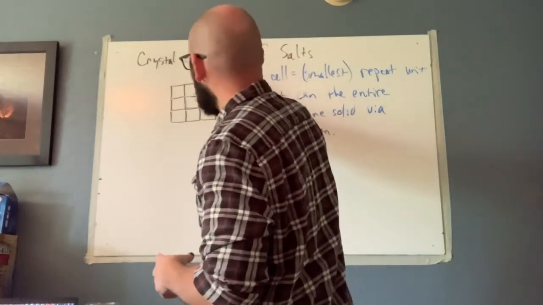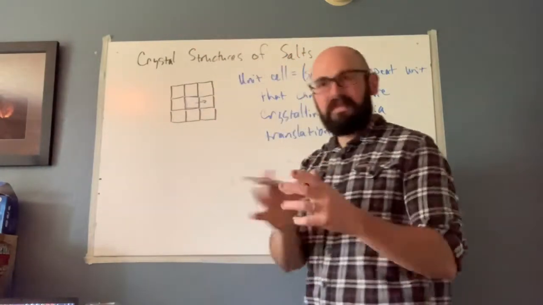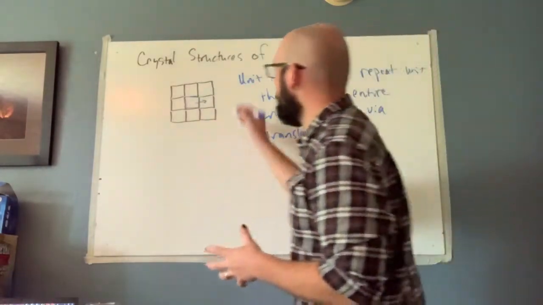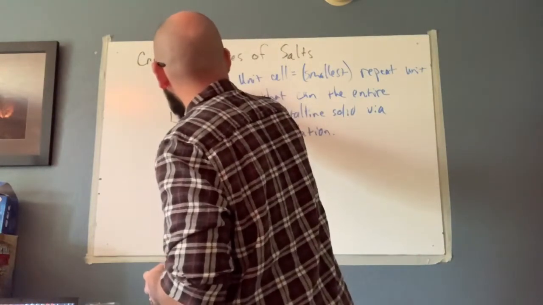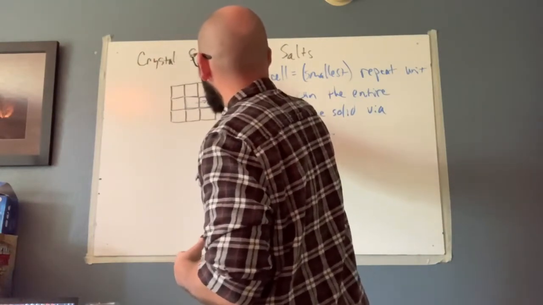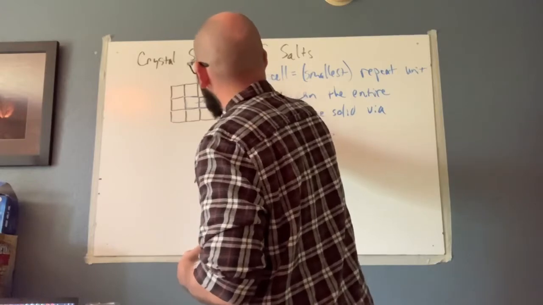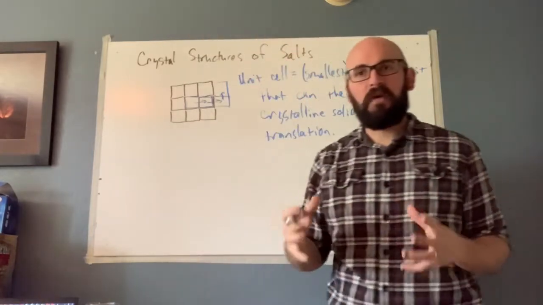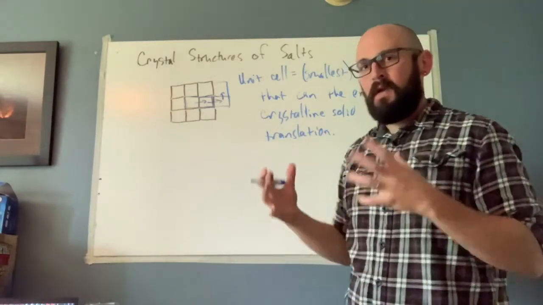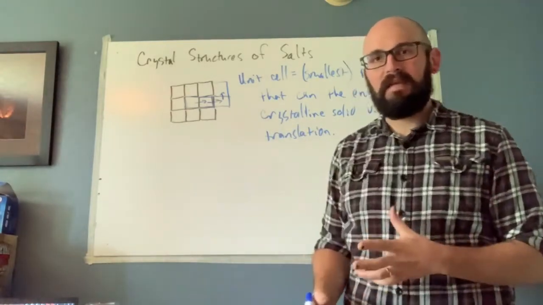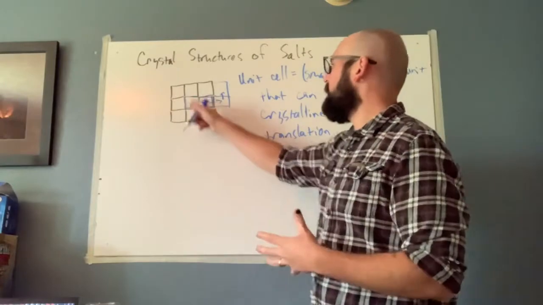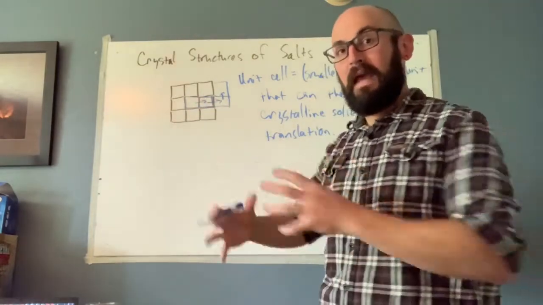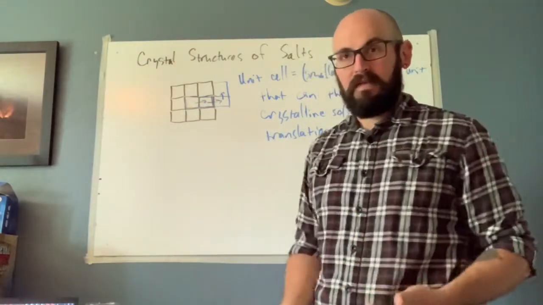So if I take this square and I translate it 1 unit to the right, I have an equivalent square. If I translate it another unit to the right, I have another equivalent square. And then if I translate up, we can see that I'm going to generate the rest of my 2-dimensional grid in this system. So we could define this individual square as a unit cell of our system.